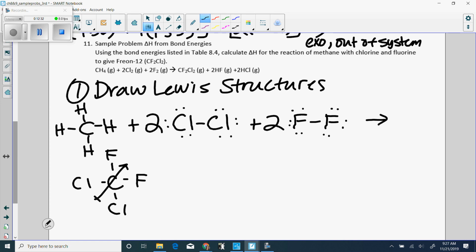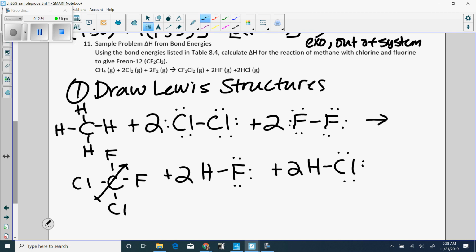I can't double bond anything because that would be more than 8. Plus 2 HFs, so for that I have 7 plus 1 is 8. So I know that's going to be a single bond. 2 HCl, 7 plus 1 is 8.